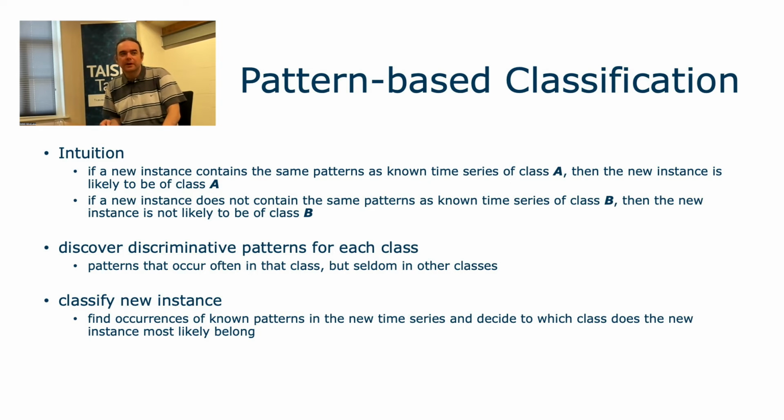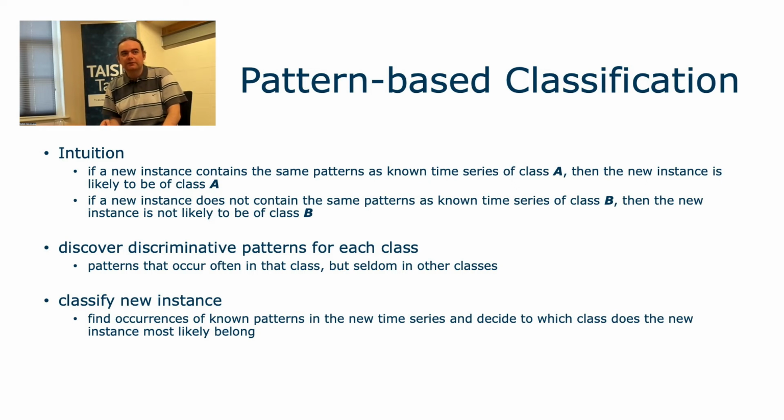So the intuition behind our method is that if a new instance, a new time series contains the same patterns as known time series of a particular class, then the new instance has a high probability to belong to that class. If the instance doesn't contain the same patterns as other known time series of a particular class, then it's less likely to belong to that class.